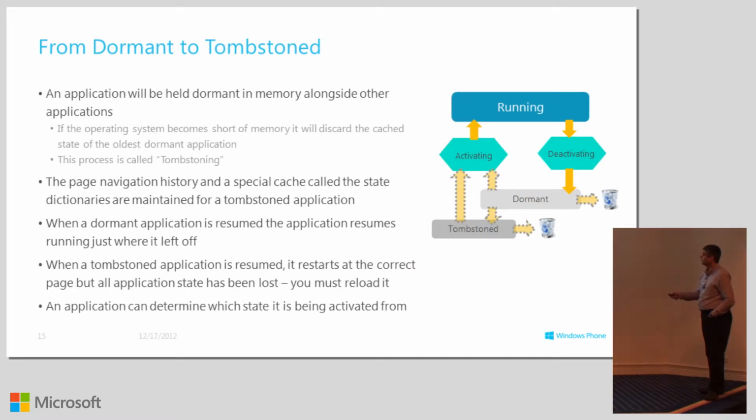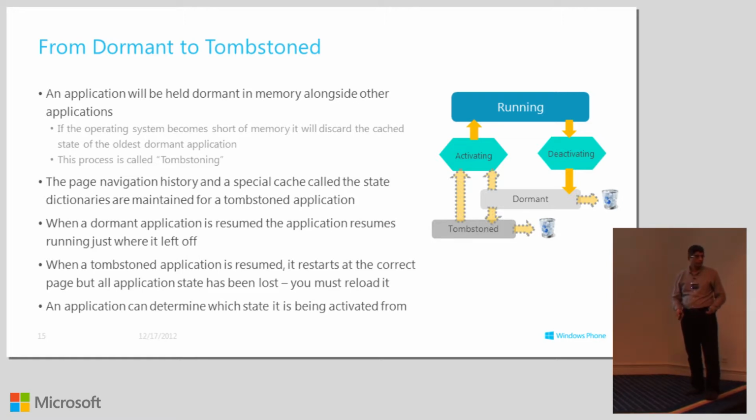And we've seen this from dormant to tombstone, okay? So when a dormant application is resumed, the application resumes as if it was never gone, right? Just resume, wherever it left off. When a tombstoned application is resumed, it starts at the correct page, but the application state has been lost.